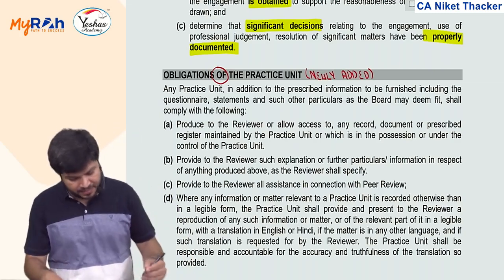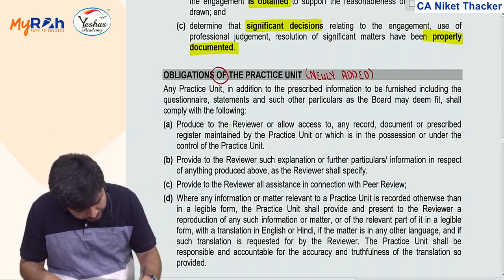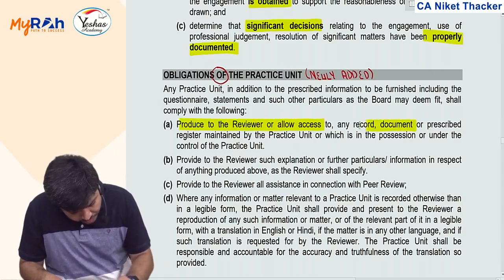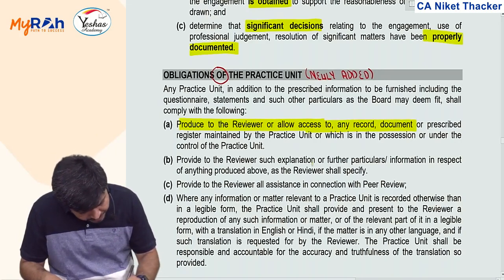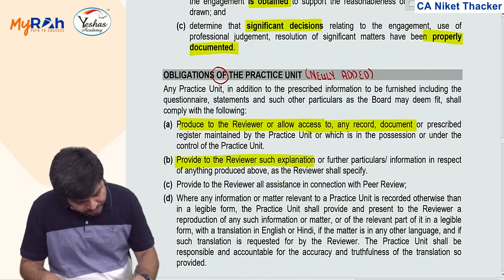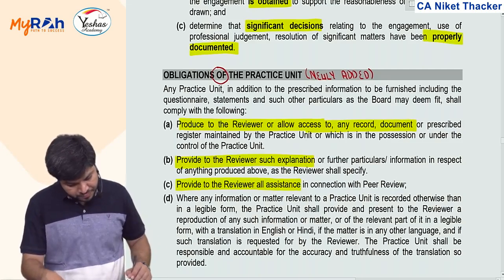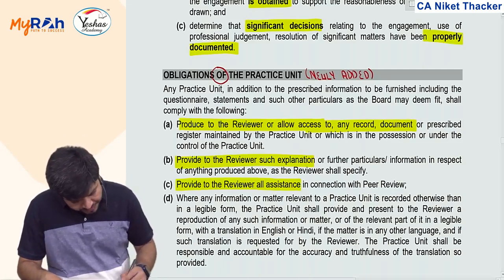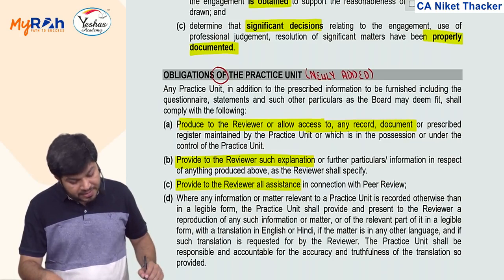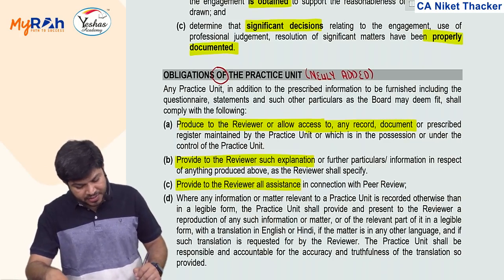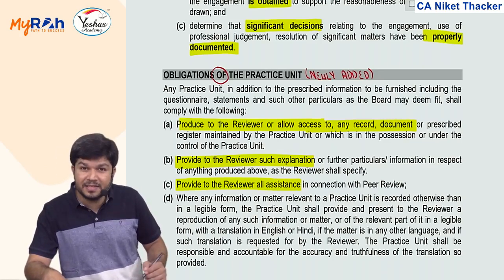So that is basically provide to the reviewer, produce to the reviewer, allow access to records and documents, provide explanation, provide all assistance. Anything not in a legible form or in a language other than English or Hindi, and the reviewer wants it in English or Hindi, you translate and give it to them.